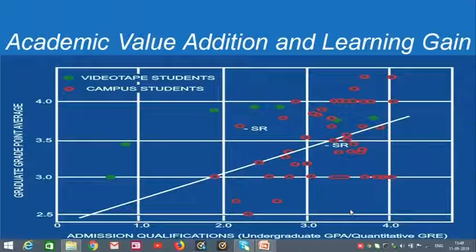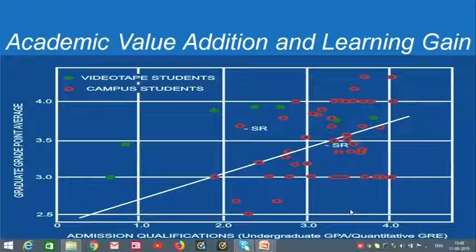Where should she have performed? If you look at this mean square line, what does it predict? It predicts that somebody who had a grade point average of 2 at entry should have a grade point average of nearly 3. This is what is expected. Somebody who had a grade point average of 3 at entry should have a grade point average of 3.4. That's what that line implies.